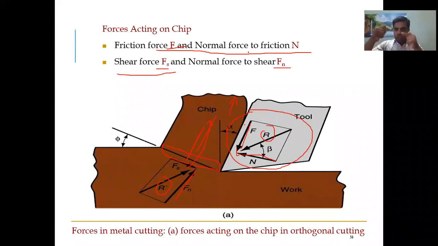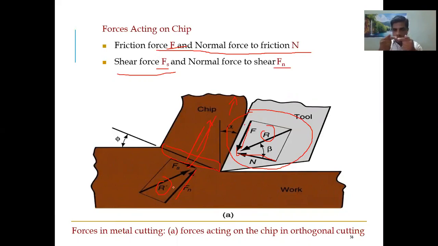So that condition happens only when R and R bar have opposite directions. If both are in opposite directions, equilibrium happens only when both have the same magnitude. So directions are opposite and magnitudes are the same. Then only do we have an equilibrium position.